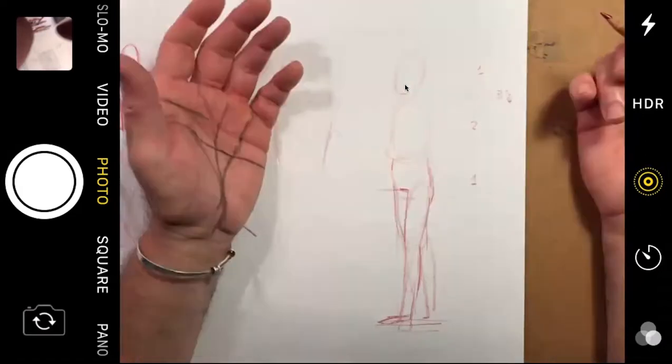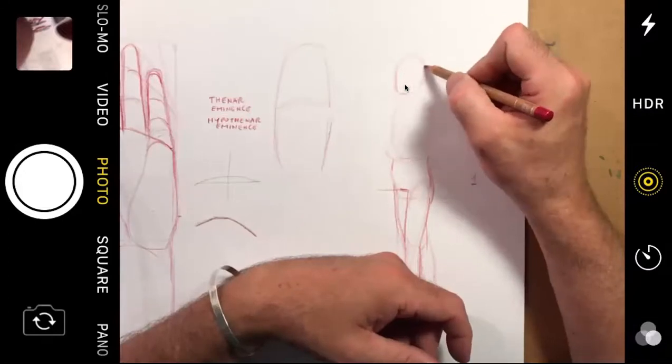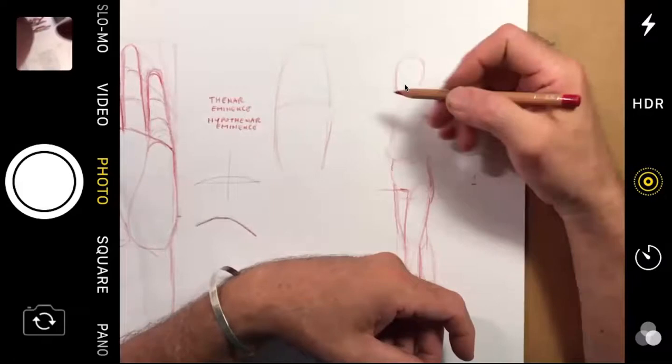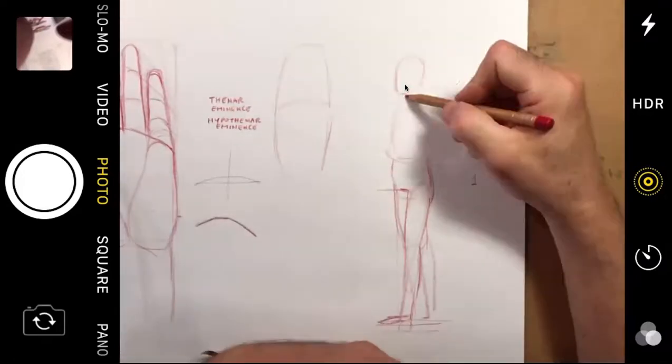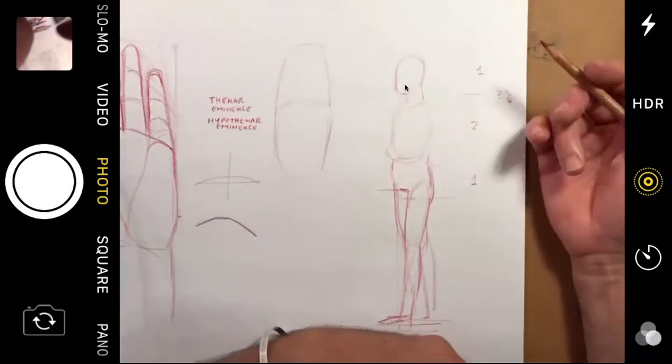You have the same thing also in Northern Europe. The northern population, like the Dutch and Germans, tend to be very tall people, and the legs are proportionally a little bit longer than the torso.